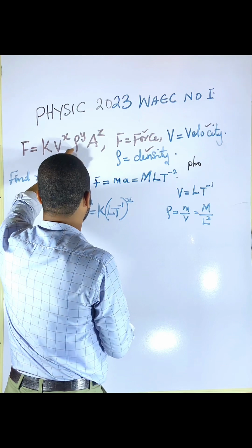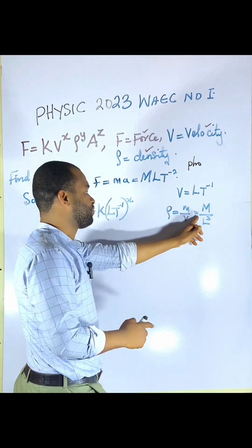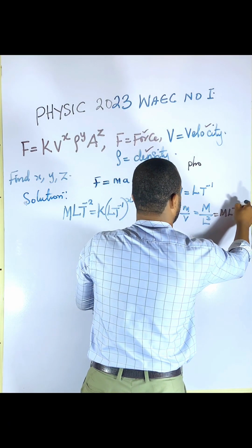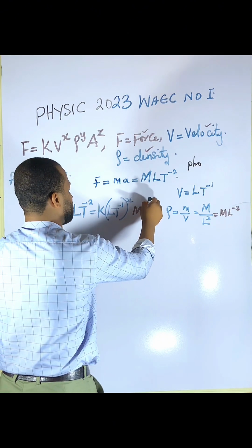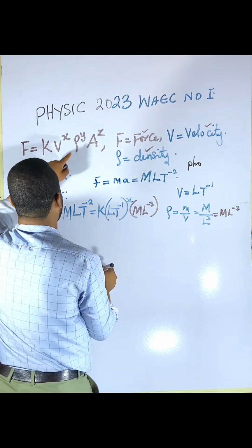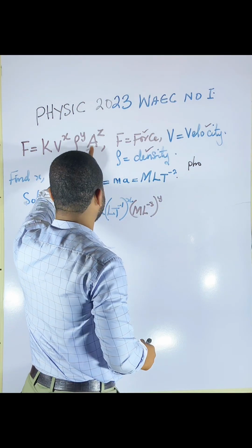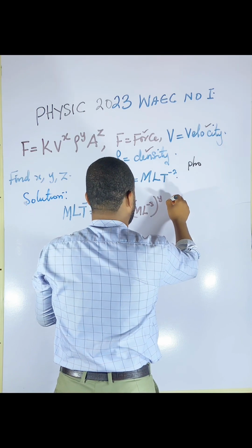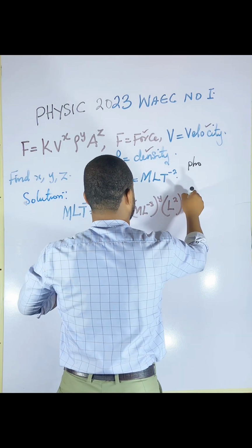The next one is ρ, which is density. Another way of writing its dimension is ML^-3, all raised to power y. And then A is area, whose dimension is L^2, raised to the power of z.